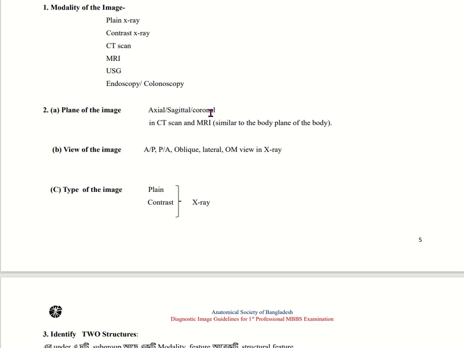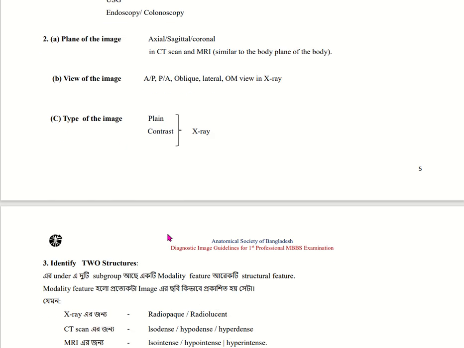These are the common planes used in diagnostics to describe a diagnostic image: axial, sagittal, coronal, in CT scan and MRI, similar to the body planes. View of the image: posterior anterior view, anterior posterior view, oblique view, lateral view, occipitomental view. And type of the image: plain or contrast in X-ray.